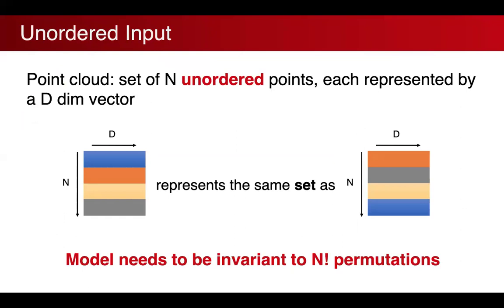If you do any kind of permutation of these points with a different input, we should get the same results, because they're the same set of points. Just changing the order doesn't change the nature of the data. And so we need a network that's going to be invariant to any of the n factorial permutations of the elements of the set of 3D points.